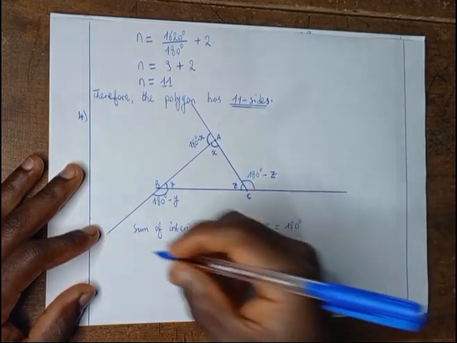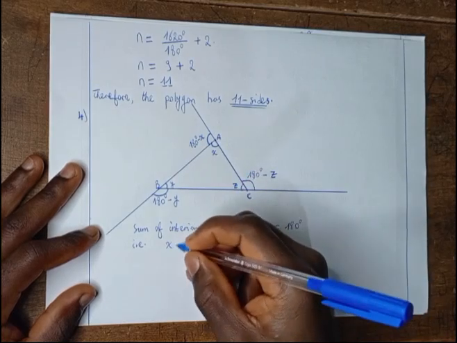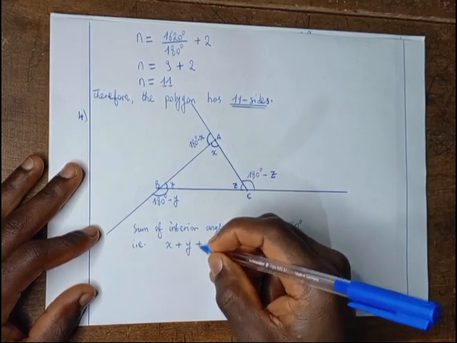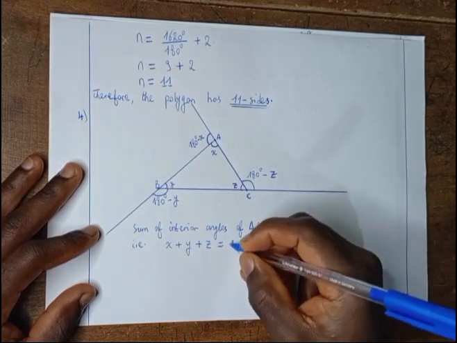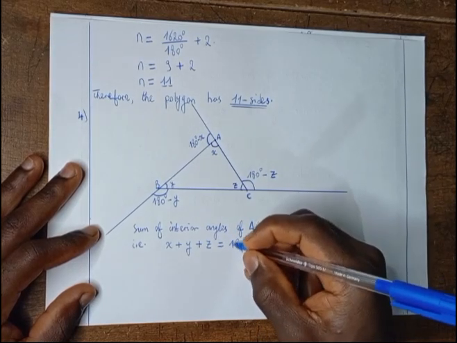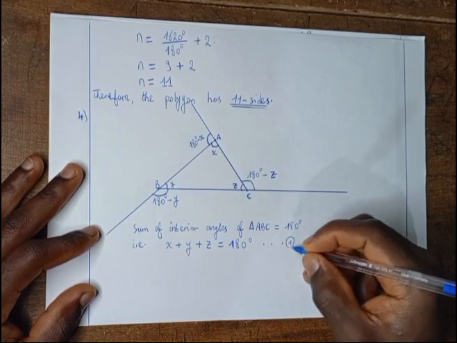That is, we add the interior angles x plus y plus z is equal to 180 degrees. So we can call this one equation 1.